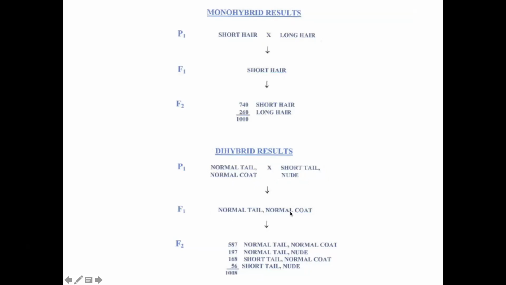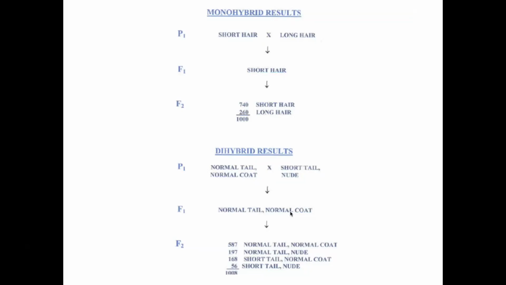So again, just very preliminarily, you'd build a genetic model that you have two genes controlling the two different traits. You have dominant recessive alleles at each of those two genes, and the dominant allele for tail length is normal, and the dominant allele for the coat of fur is the presence of fur, so a normal coat.